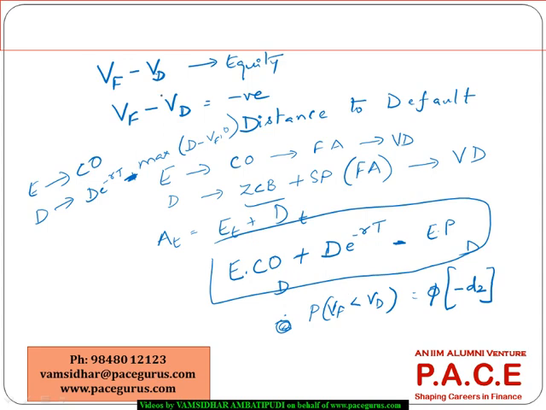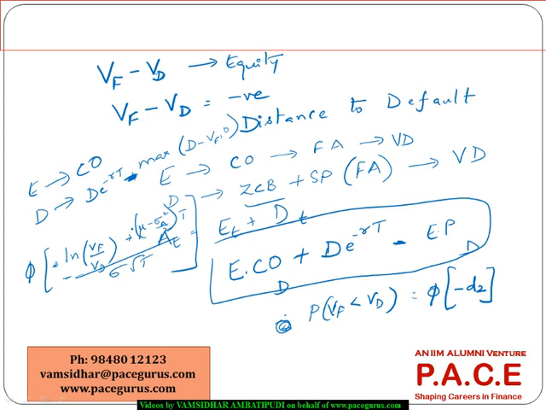So it can come out as the standard normal distribution function of minus d2, which works out as N of minus [log of the value of the firm divided by the value of debt, plus (mu minus sigma squared by 2) into T] divided by sigma root T. So this is what is coming out as the probability of default.